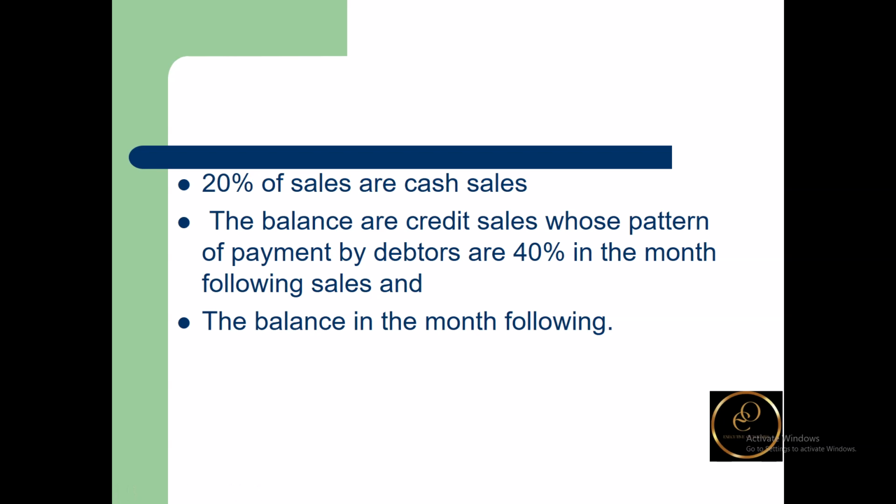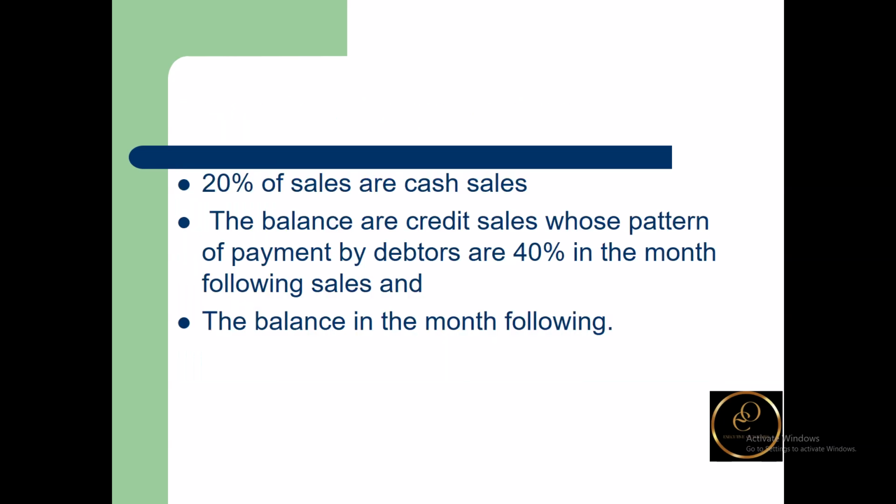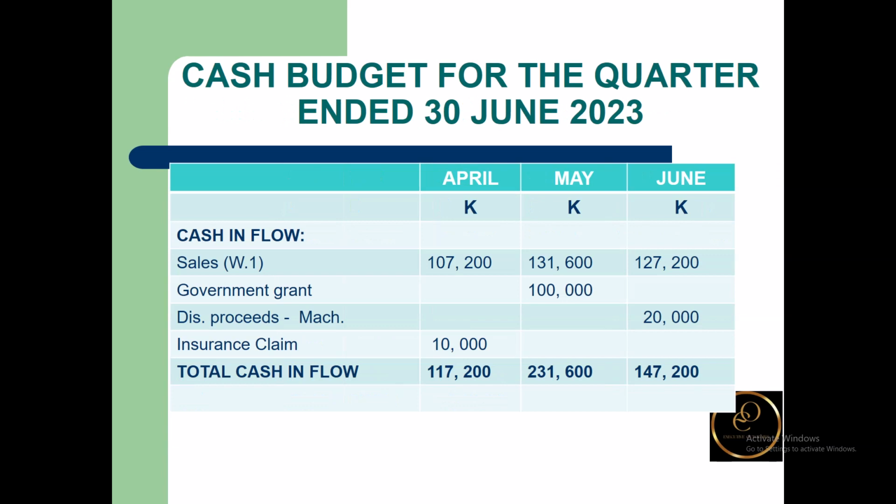We assume that 40% of that, as guided, will be paid in the month following sales. Then of the credit sales, what remains when we remove 40% is 60%.